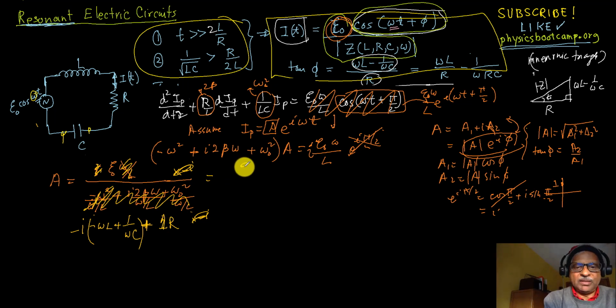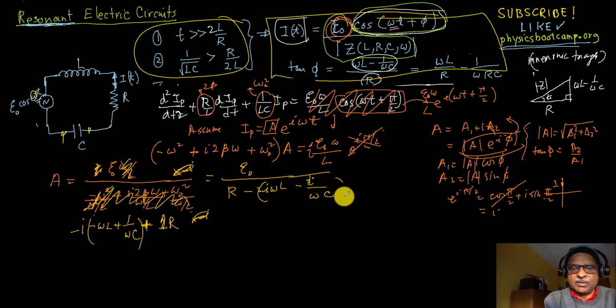So what we have is E0 over R plus i omega L minus i over omega C. This is minus i, so this becomes a plus, and if you include it down here, this whole thing will become just a simple plus 1 over i omega C.